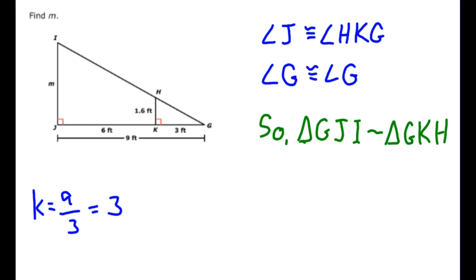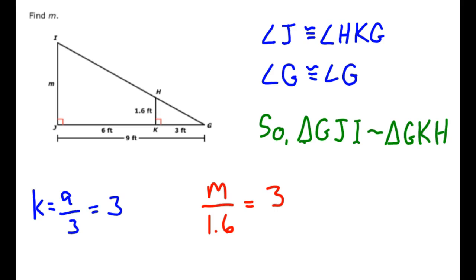Now I'm going to set up another equation that we can use to solve for M. Since M is the longer length of the triangle, that's the one I started with in the numerator before, I can set up an equation where M over the corresponding side, 1.6, must be equal to, we said the scale factor was 3. So now we just have to use some algebra.